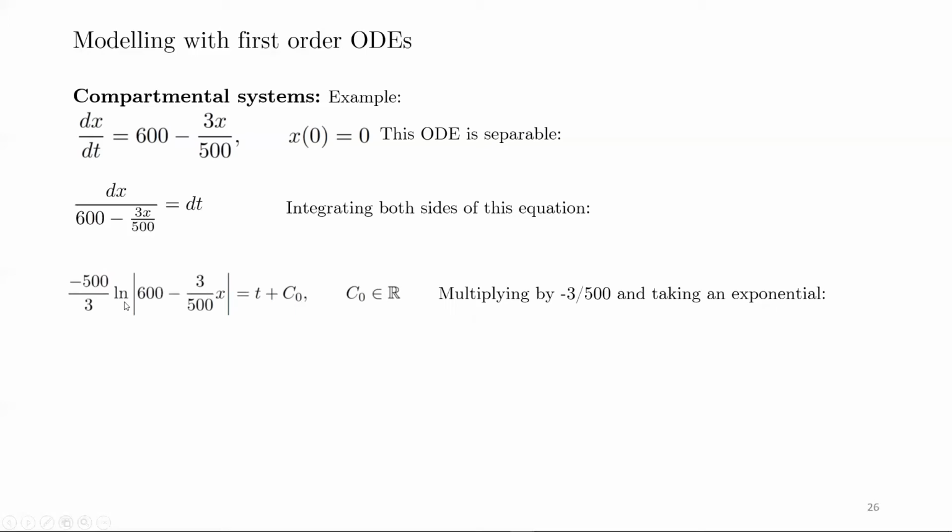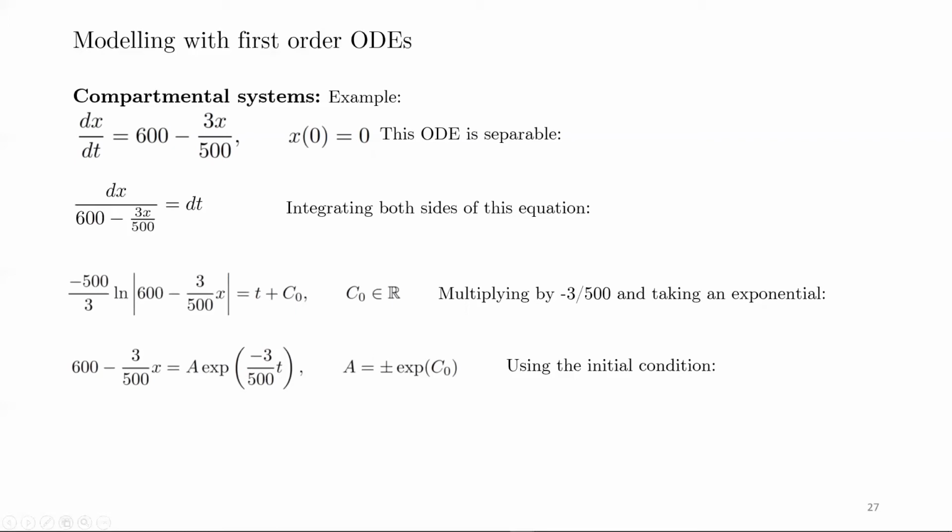So if I do those two things, on the left hand side I get left with just 600 minus 3 over 500x. And on the right hand side I've taken the exponential. So I have the exponential of negative 3 over 500t, times some constant a, which is the plus or minus the exponential of the integration constant.